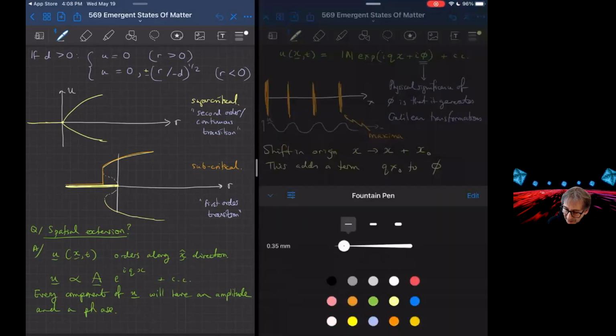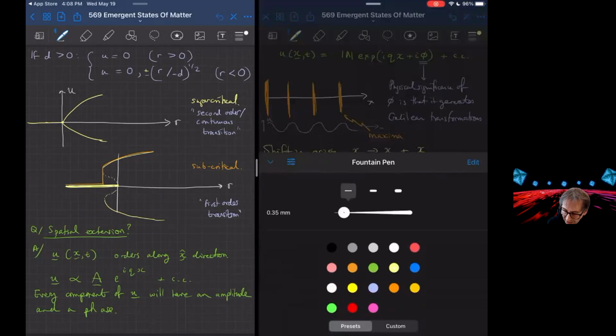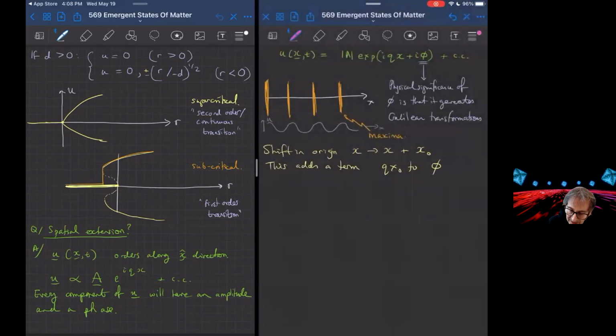And so then I've got a situation where the wave has been translated. That's shown over here. This distance here is q x naught.